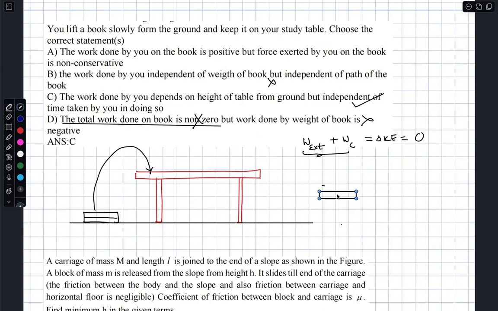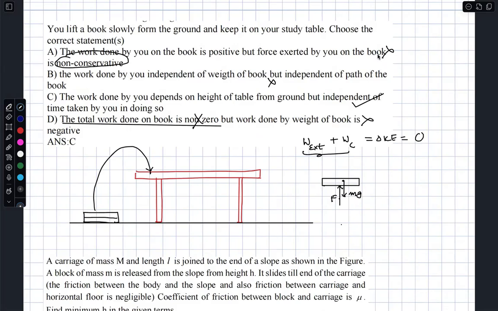I am all the time applying a force equal in magnitude and opposite in direction to the weight. Since weight is constant, my force is also constant. If it is a constant force, it is conservative. You said it is non-conservative. So therefore, I am taking this option as wrong.